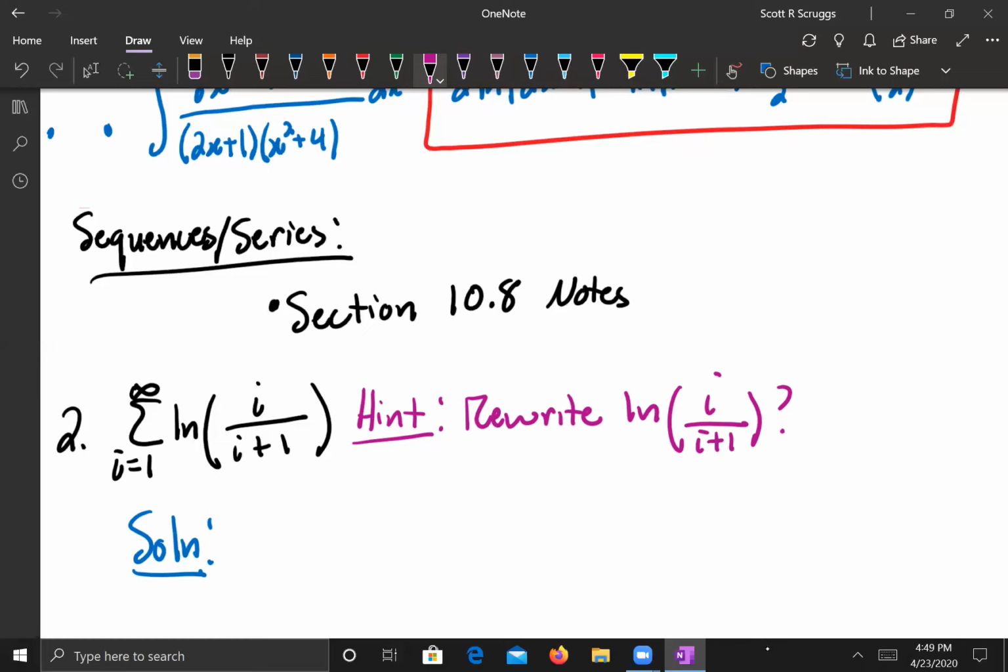All right, like I said, I'll give you about 2 to 3 more minutes to work on it before we go over the solution. I agree, Nick. Now go and conclude whether or not it converges or diverges.